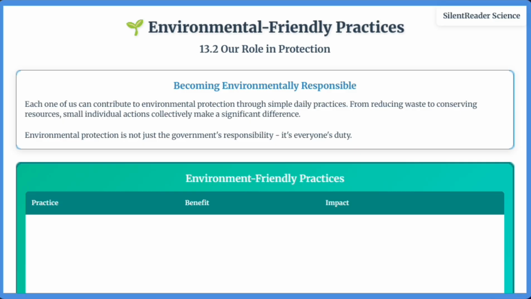At school, we can use reusable lunch boxes, share textbooks, participate in cleanup drives, and start eco-clubs. In our communities, we can plant trees, educate others about environmental protection, and support environmental initiatives. Remember, small individual actions collectively make a significant difference in protecting our precious environment.